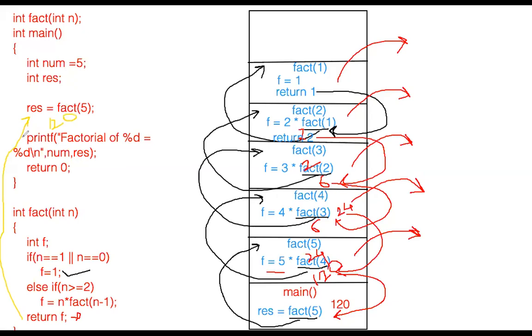And then the next statement is printf factorial of 5 is 120, and you get the answer as 120. So that is how the process is executed in the background.